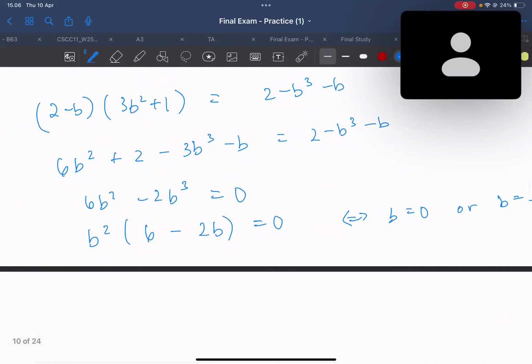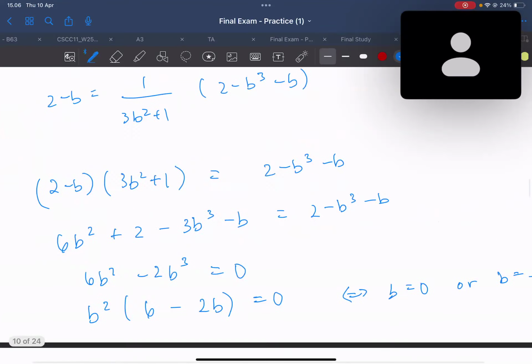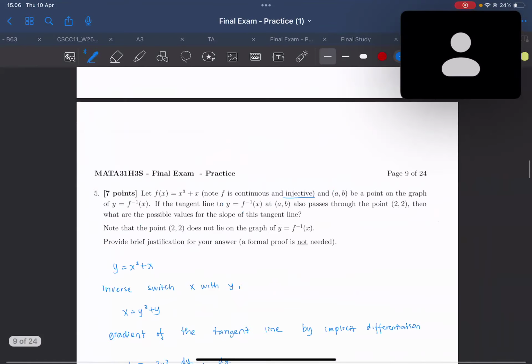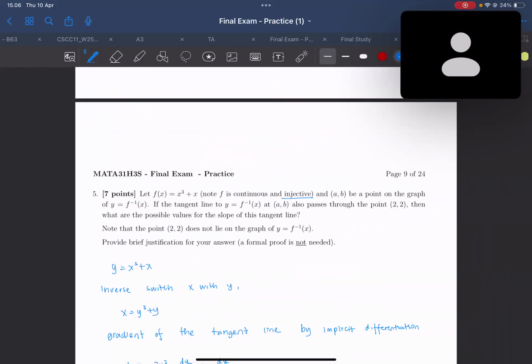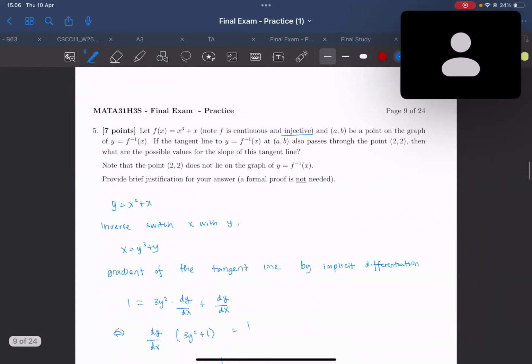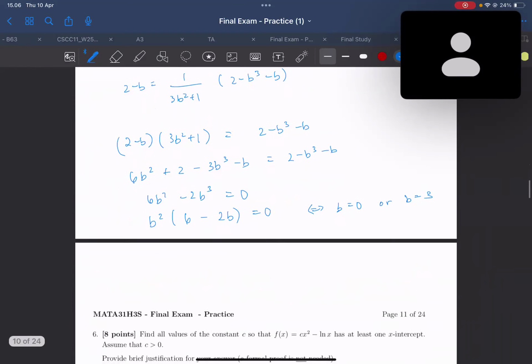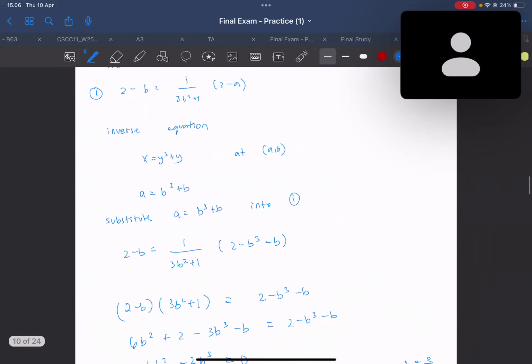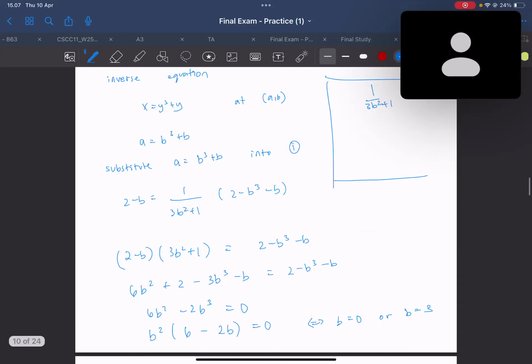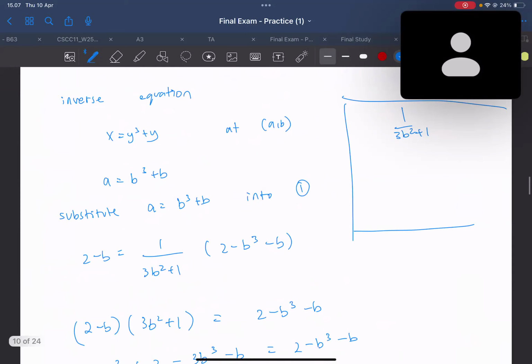The question asks us to find the possible values for the slope of the tangent line. We know that the tangent line has a gradient of 1 over 3b squared plus 1, so we just need to replace the value of b.